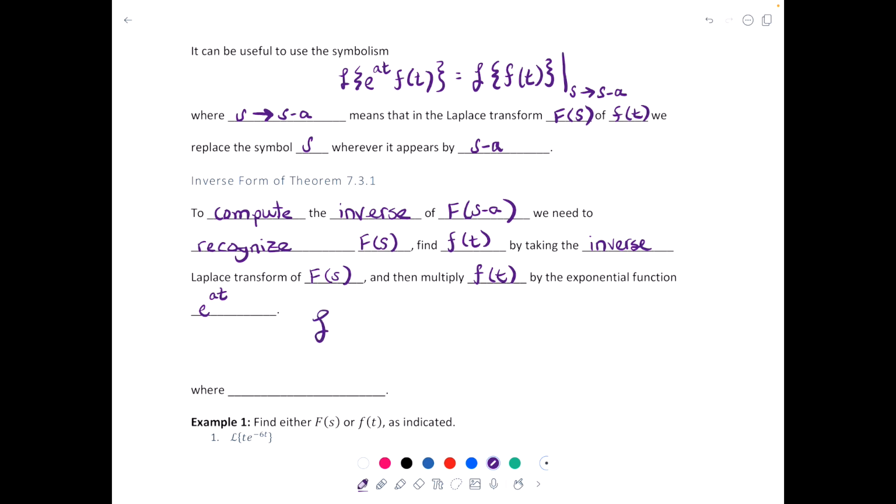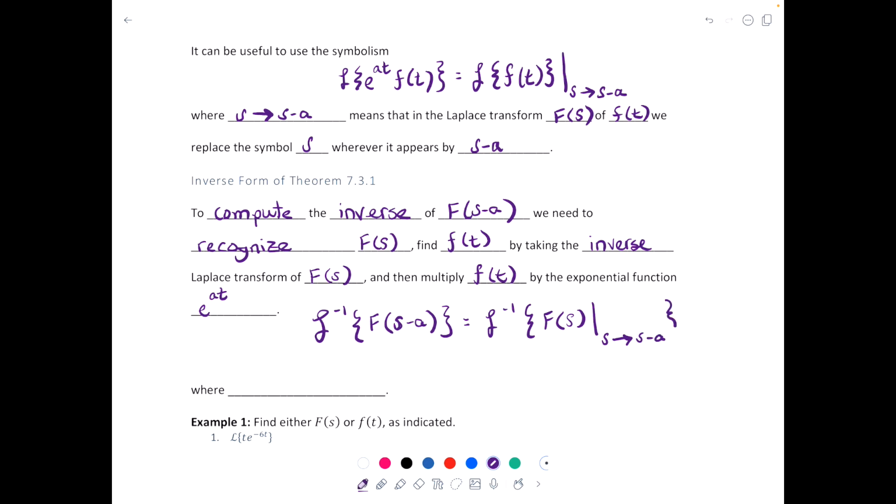So the inverse Laplace transform of F at s minus a will be equal to the inverse Laplace of F at s, as s approaches s minus a.